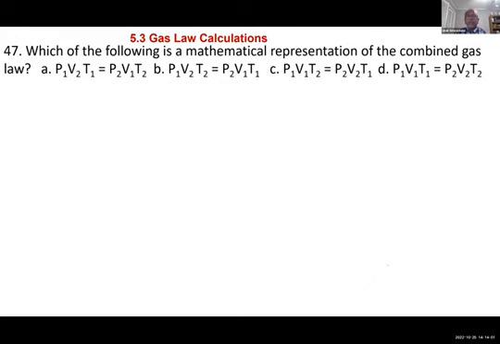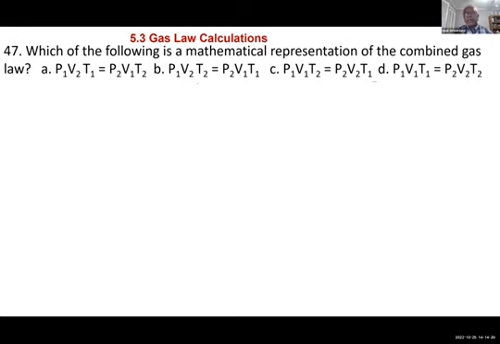Which of the following is a mathematical relationship of combined gas law? A mathematical expression. None of them are the combined gas law original equation. You have to find which one is correct. P1 V1, P1 V1.